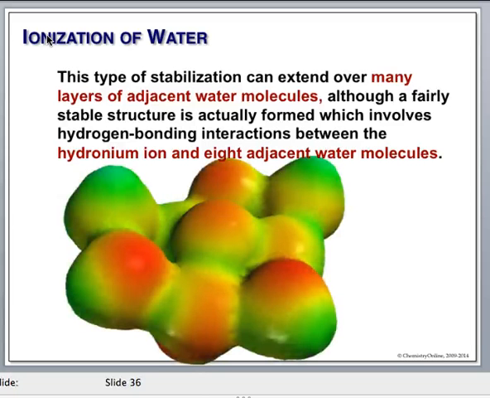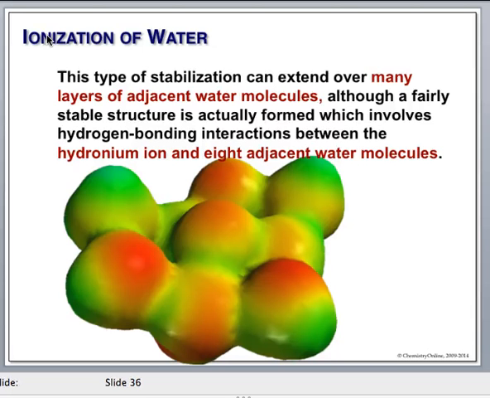All right, so let's say what we know here. We know that water is going to form extended hydrogen bond networks, that we can get transfer of a proton, we're going to call this proton transfer, along these hydrogen bonds. And when we do that, we make hydronium and hydroxide.